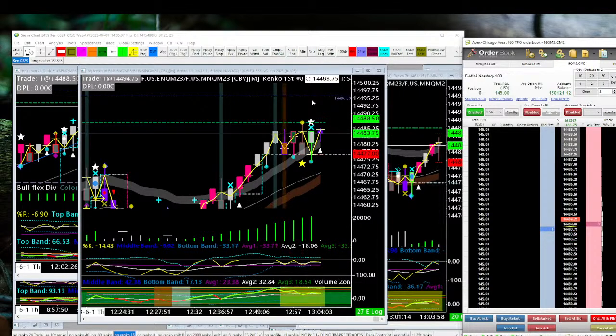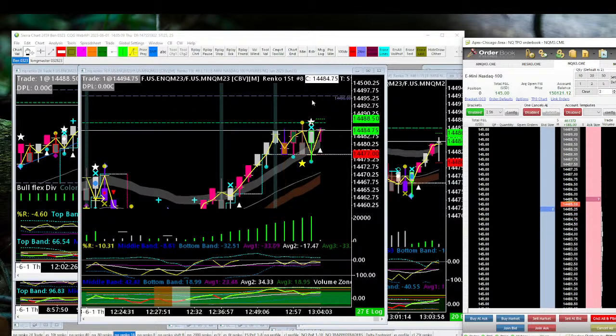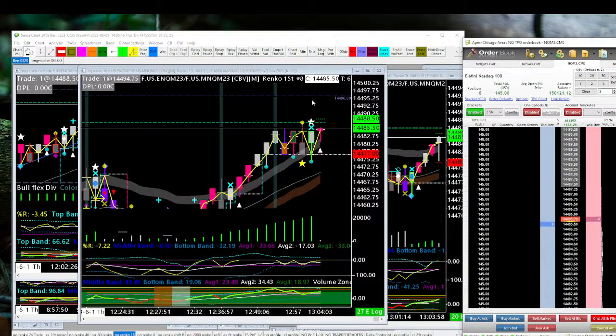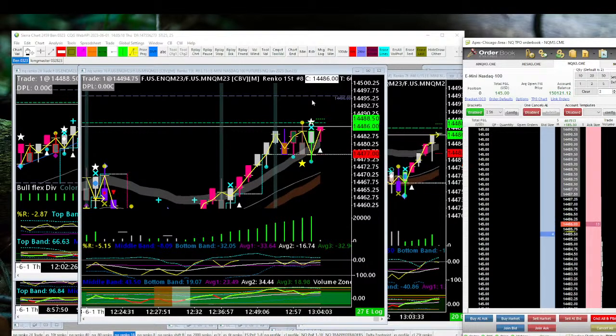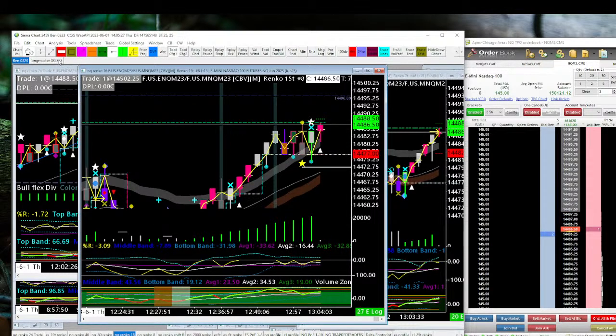What it does tell me is it gives me a location to watch, because I know buyers got active there, probably to save the trend. But if we now get under that, I don't want to be buying. So had I not exited, my stop would go right there. Because if we give that up, it's done.